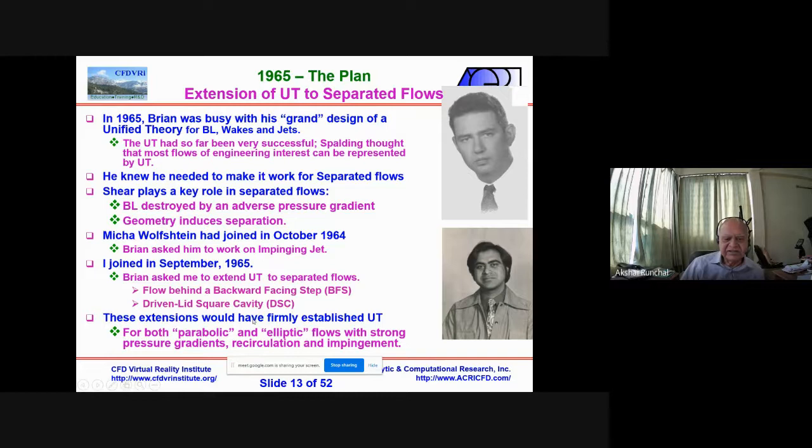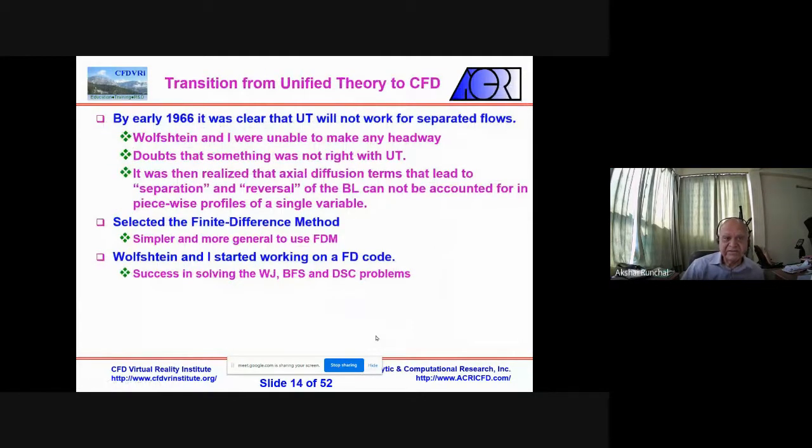So these extensions were firmly established universal theory, but the parabolic flows were different from elliptic flows, which had strong pressure gradients, and it just did not work for us.